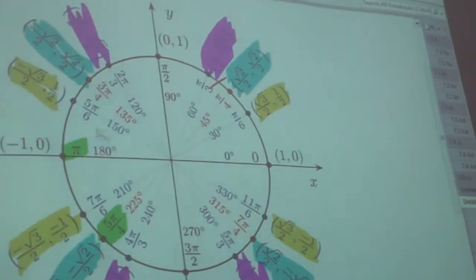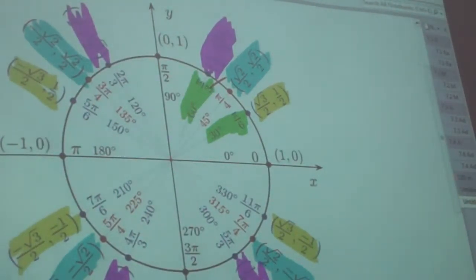That same sort of thing then happens when you do your 30s, right? You're constantly adding 30. And what's 30 degrees? It's just what? 1/6. So I get 1/6.